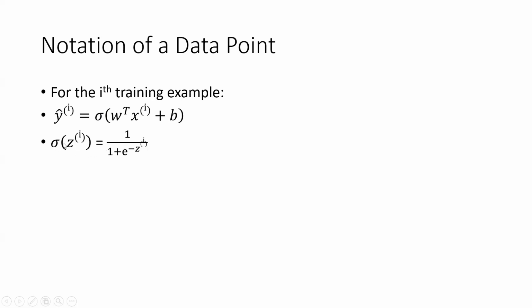So the logistic function for the ith data point would be 1 over 1 plus e to the power minus z(i), right? z(i) is the value that you get inside this sigma statement. And once you apply it to this statement, you get the final output, that means y hat (i), right?